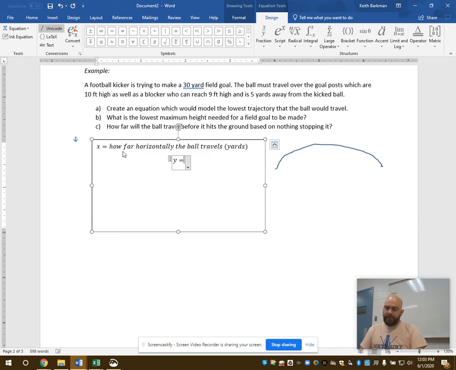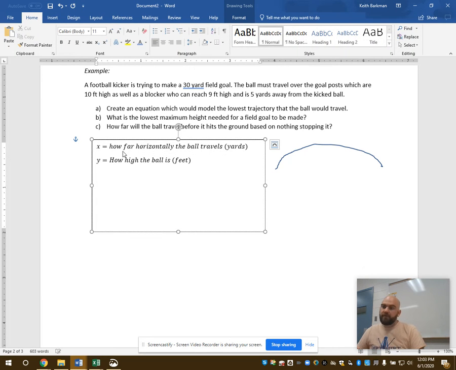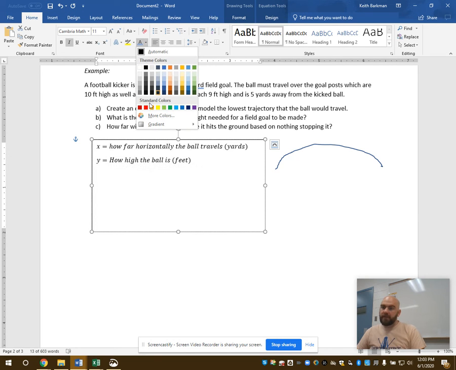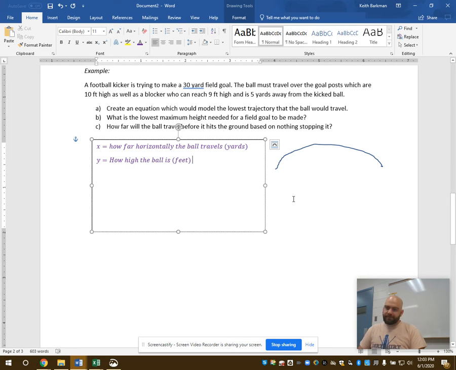And y is going to be how high the ball is at a certain time, and this is in feet. We have two different measurements, so we're using yards and feet, and that's totally fine. We can gladly do that as long as we remember which is which. I'm going to use purple for this because I like purple.